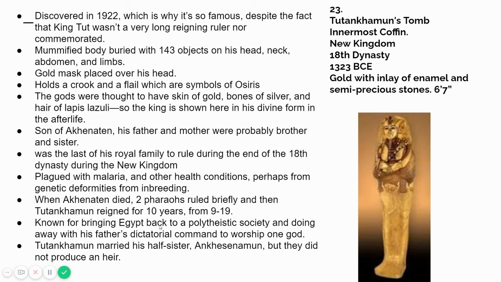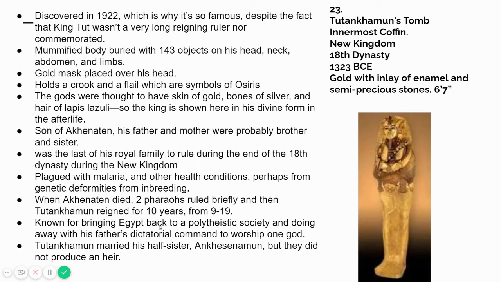When you pictured the gods in a type of mortal form, they were thought to have skin of gold, bones of silver, and hair of lapis lazuli. So the king here, in his innermost coffin, is being portrayed as he would look in a divine form, as a god. So that's what is symbolic about the gold and the semi-precious stones.